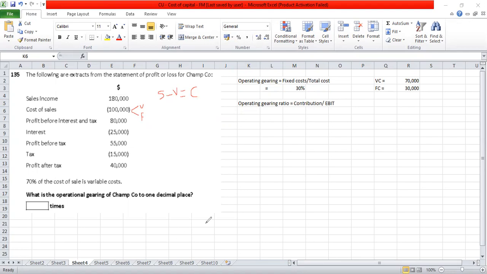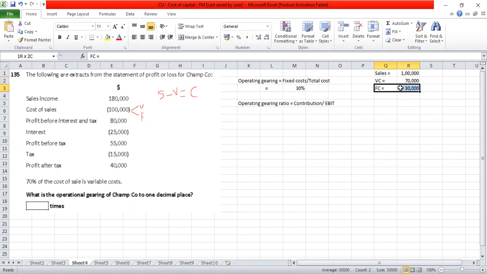So contribution we would get as, if I put sales is equal to, this is 100,000.